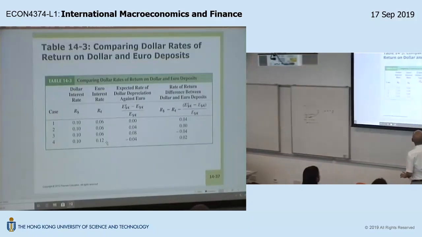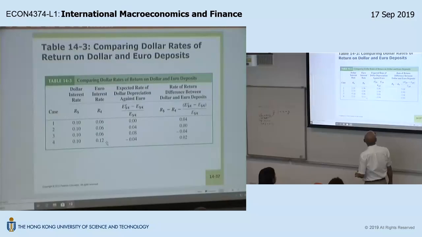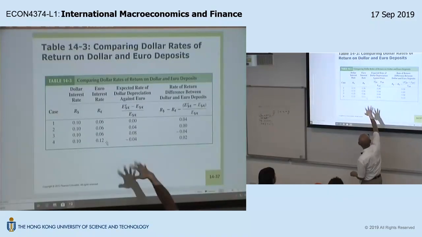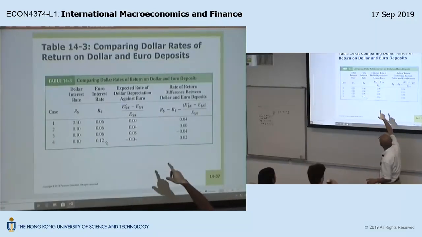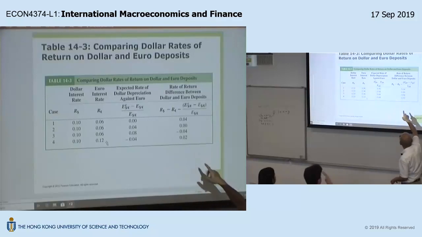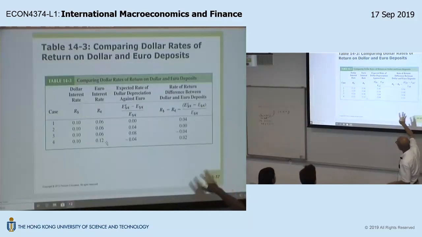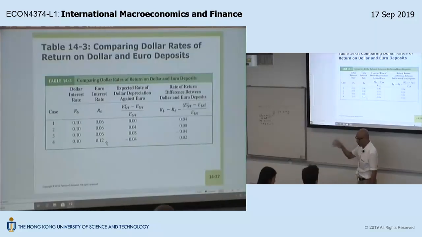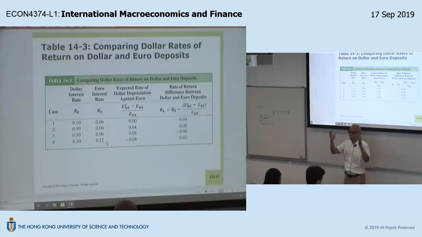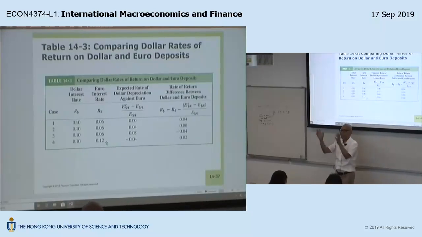We have 4 columns: the dollar interest rate, euro interest rate, expected rate of dollar depreciation, and the difference between the two dollar rates of return on these deposits. Remember, I keep emphasizing the dollar rate of return. You have to compare apple with apple.